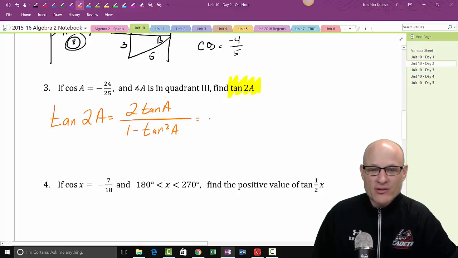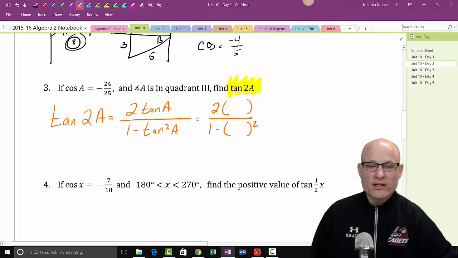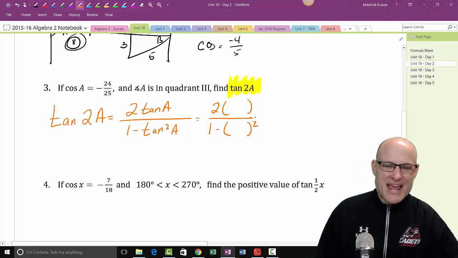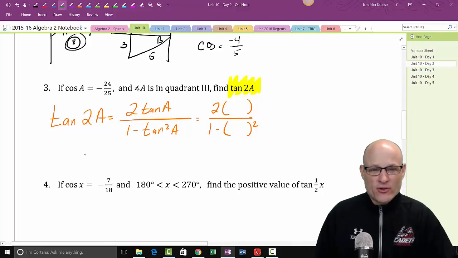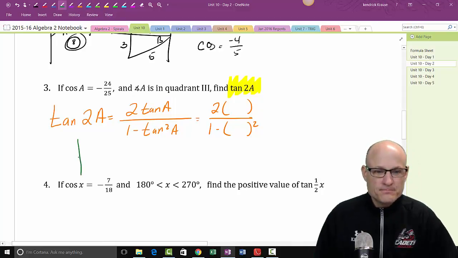I don't really like tan squared, so I'm going to use parentheses: 2 times parentheses over 1 minus parentheses squared. Well, I just got to figure out what tan is. My angle is in the third quadrant, and cosine is 24 over 25, and I believe this side is 7.